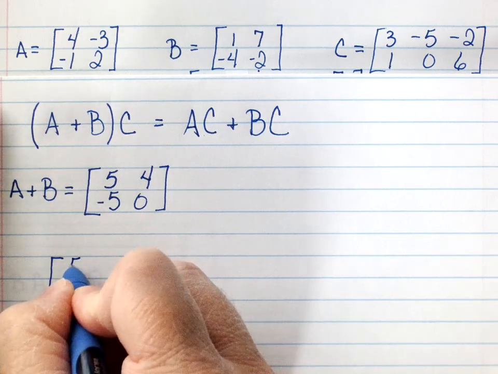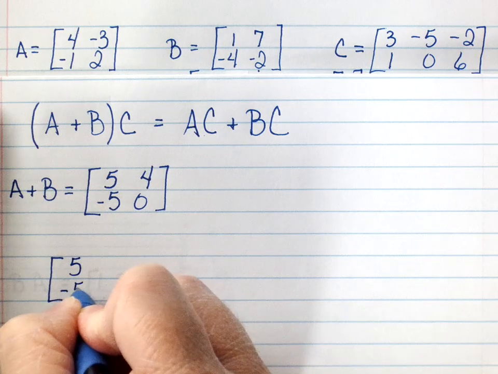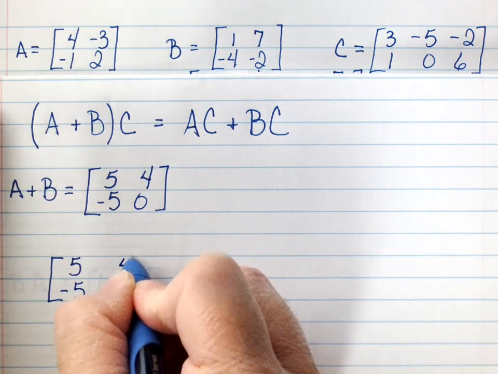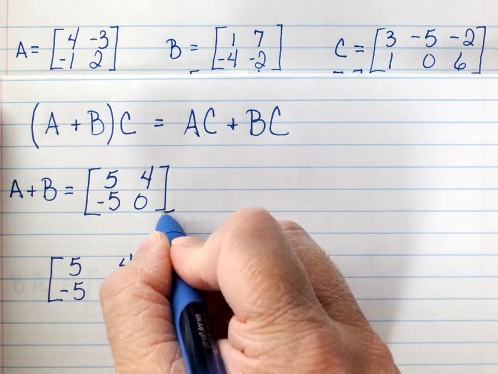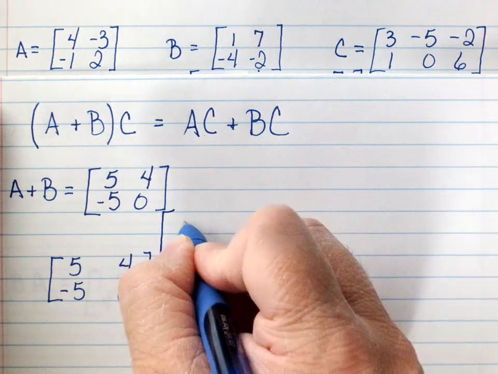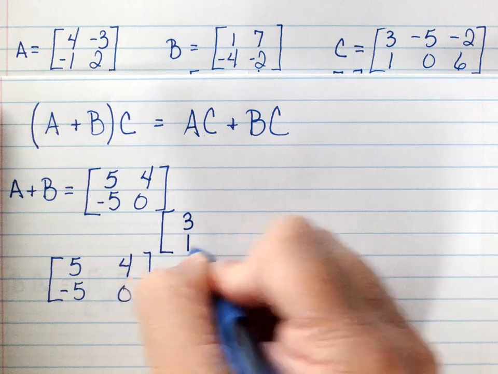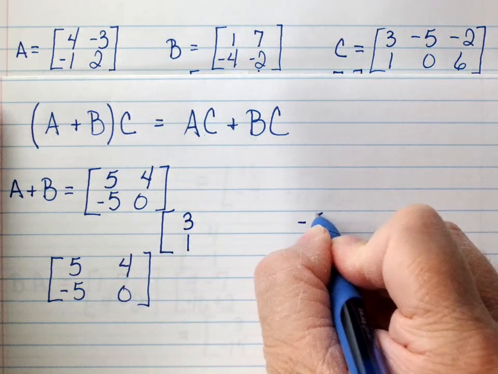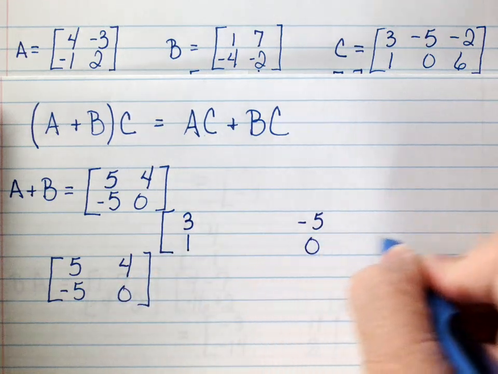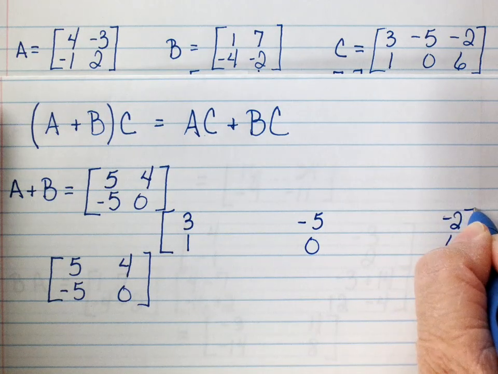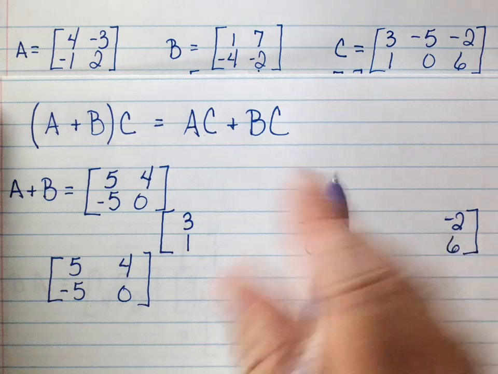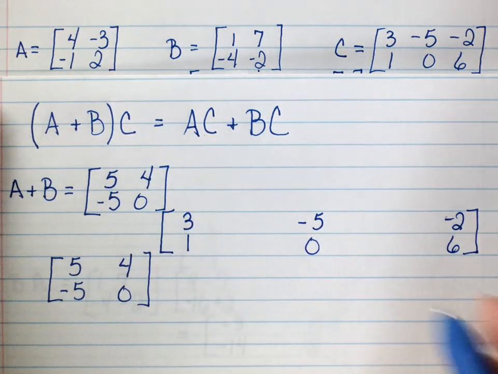So I've got 5, negative 5, 4, 0. I'm going to multiply it by C, which is going to be 3, 1, negative 5, 0, negative 2, 6. Again, I've spaced it to allow myself plenty of room for the equations to expand out as I go.